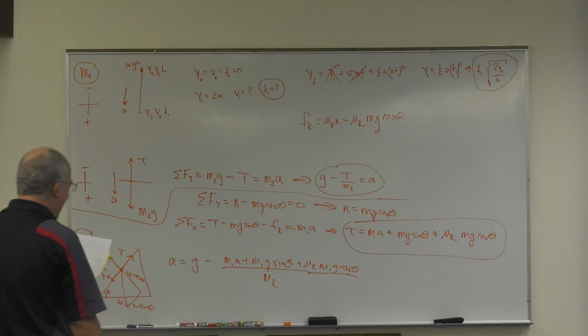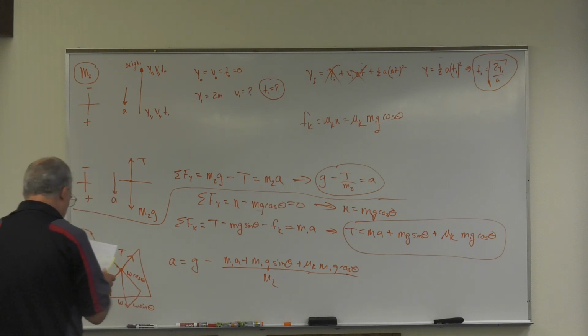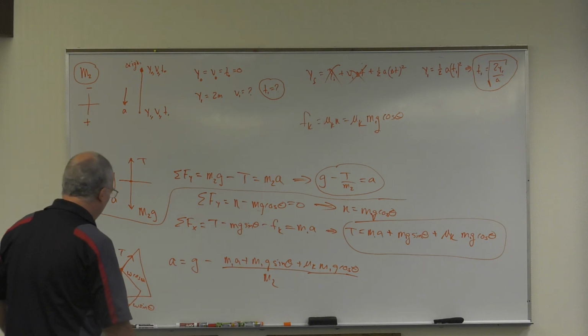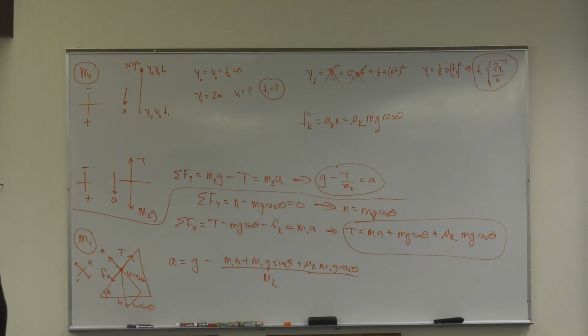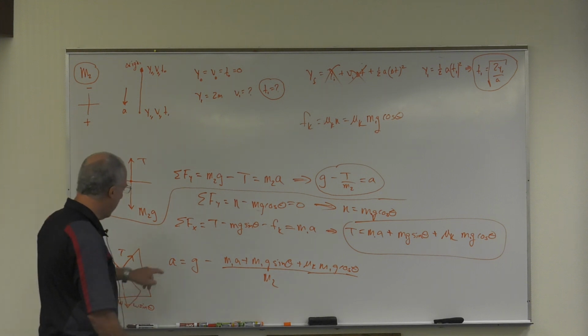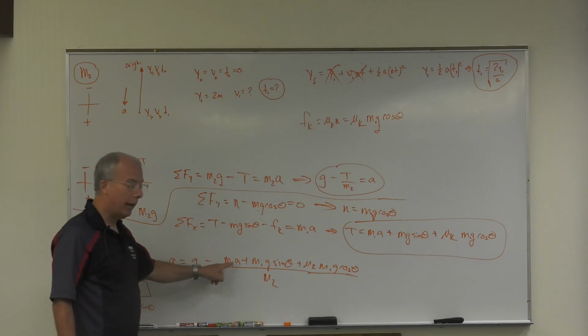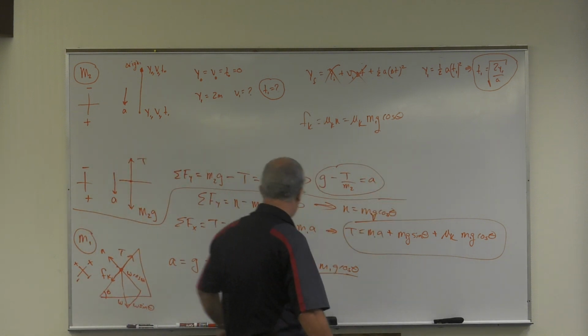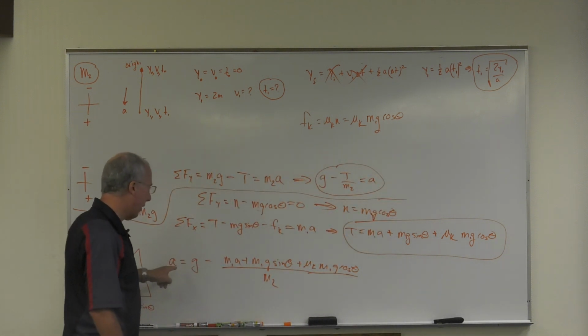Oh my. All right? Now, I hope you realize what a mess this is, because here I have an A, here I have an A. And we're trying to solve for A, right? So I still have some math to do.